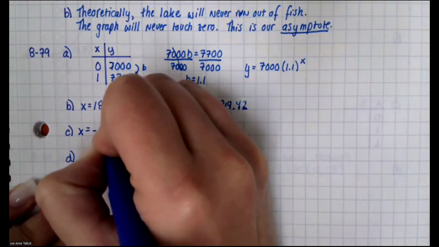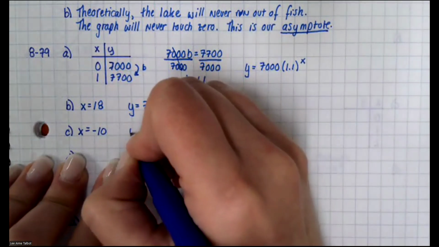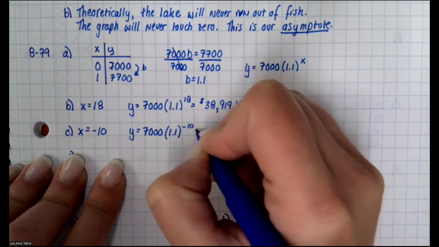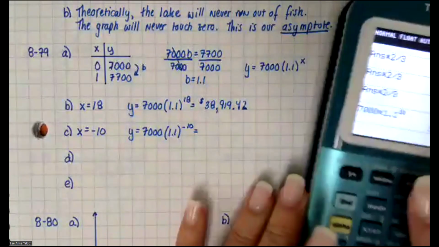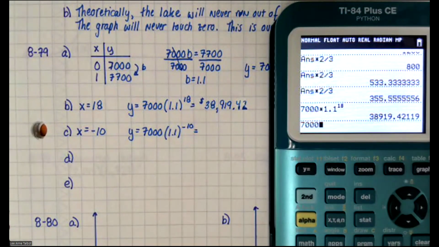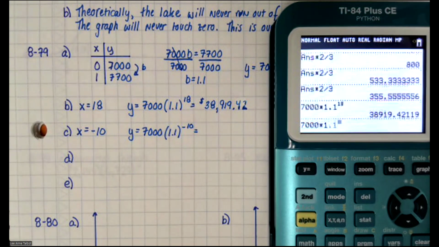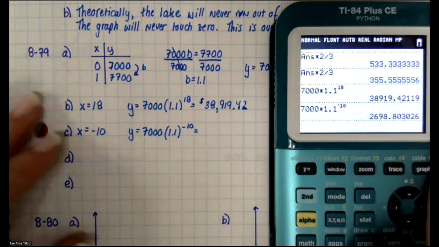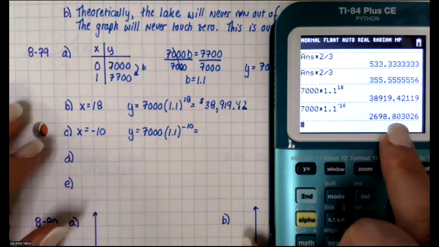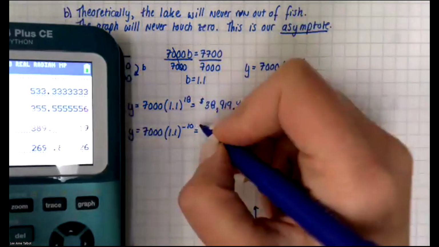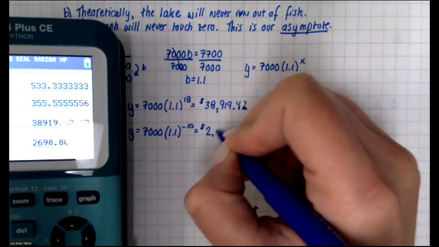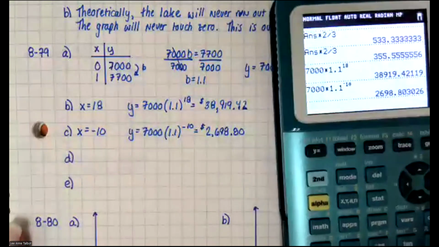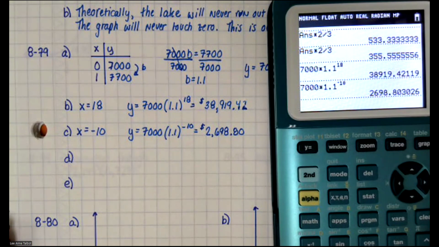Yeah, -10 because it's before. $2,698.80. Man, that's a lot cheaper. Quite a lot less expensive.